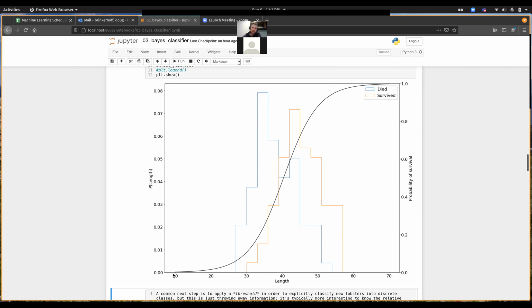And so you see this S-shaped curve that goes from 10 centimeter long lobsters are not likely to survive, to kind of a 50-50 chance here, where the two normal distributions end up overlapping with one another, to almost certain survival for large lobsters.